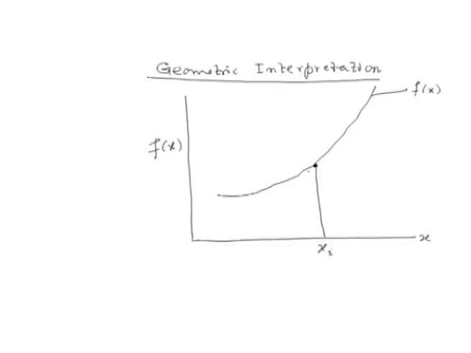So, derivative is given by the value of this tangent. If you draw a tangent to this point, the slope of that tangent, that is what gives us the derivative. Now, suppose we take this point xi plus 1.